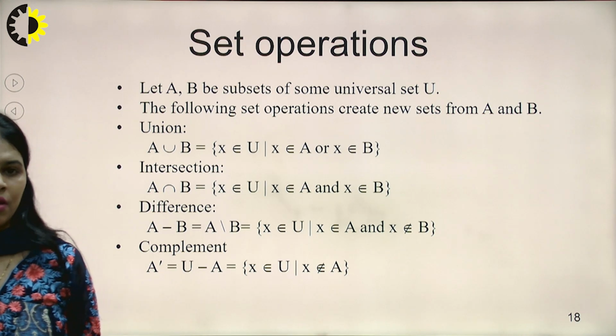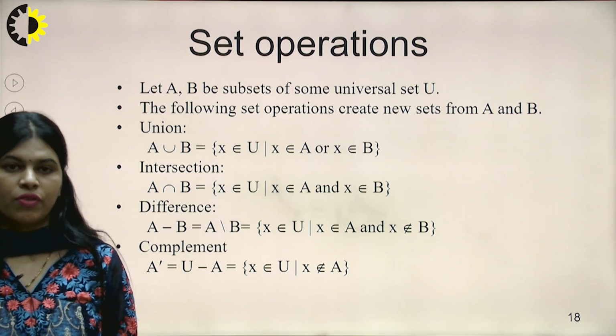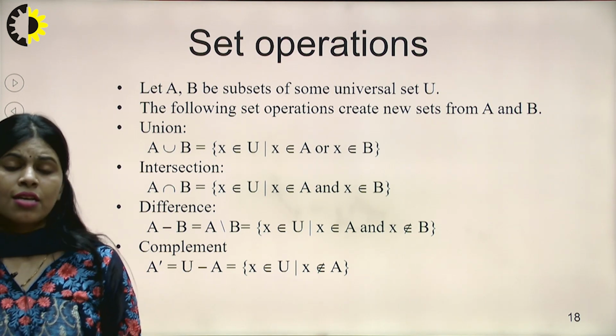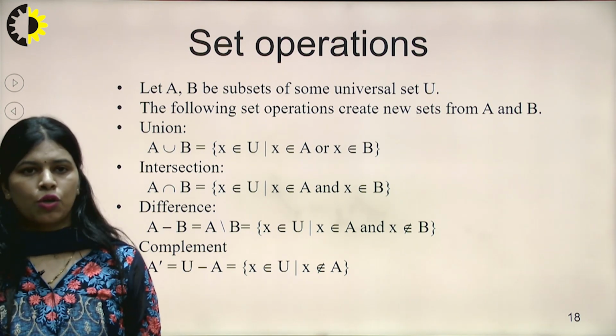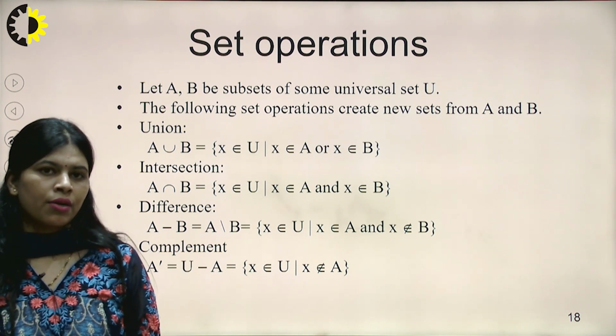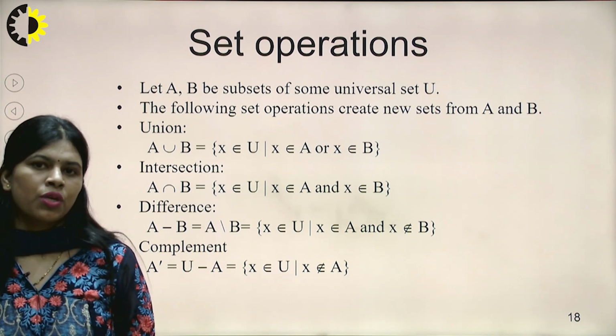Now there are four or five operations in set operations, which is the most important topic. We have to calculate many questions regarding set operations. Consider two sets A and B, subsets of some universal set.